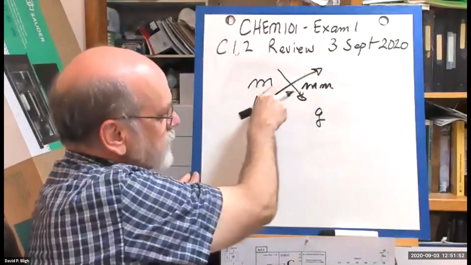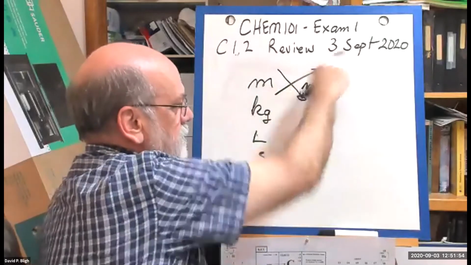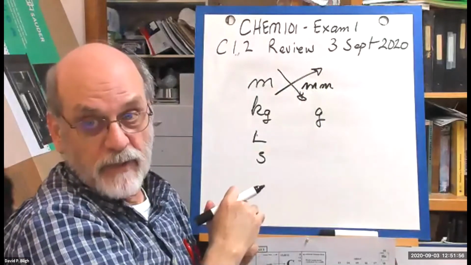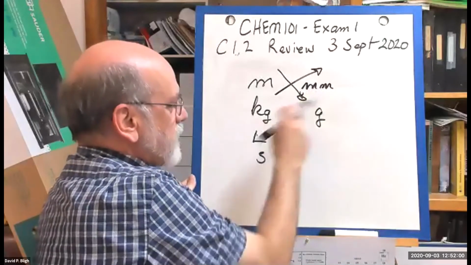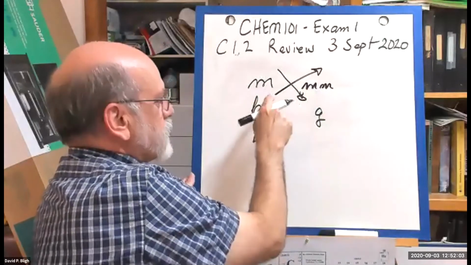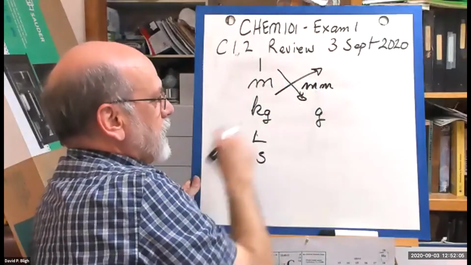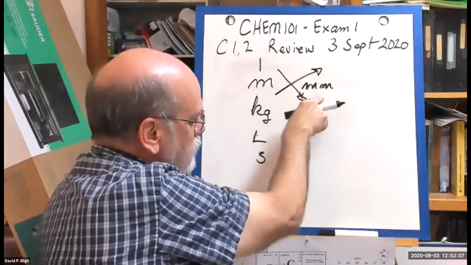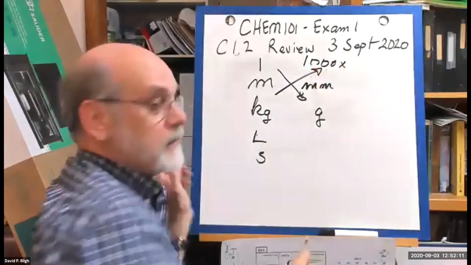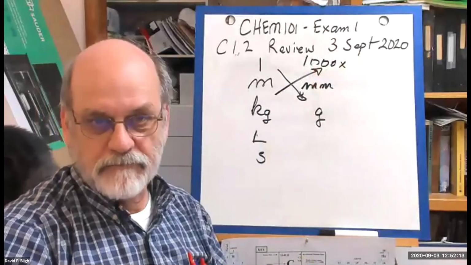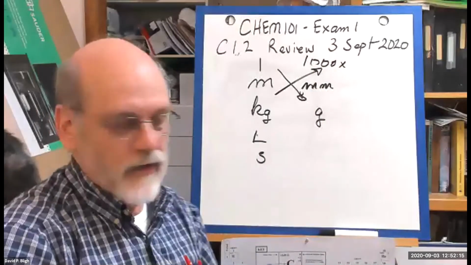So if the size of the unit goes down, then the multiplier goes up. In other words, if you have 1 millimeter, you have 1,000th of a meter. But if you're starting with 1 meter, then to go down to a millimeter, you need 1,000 times. So they go opposite one another.